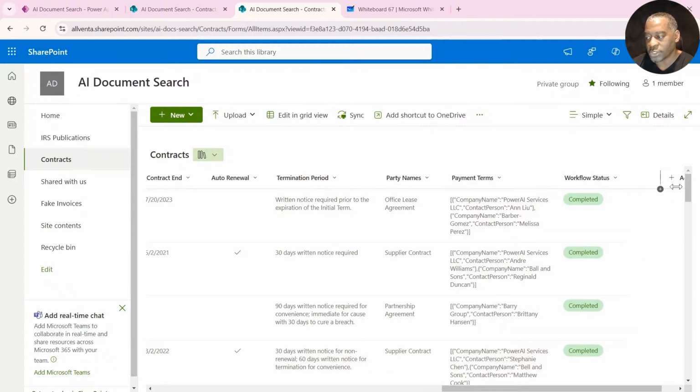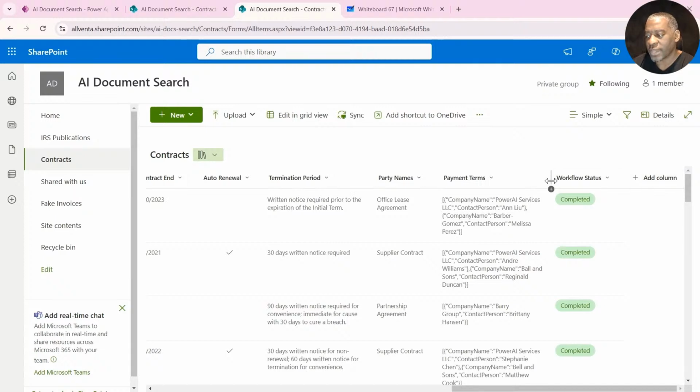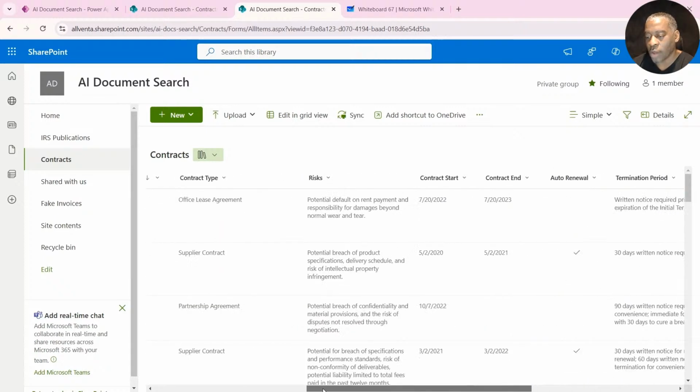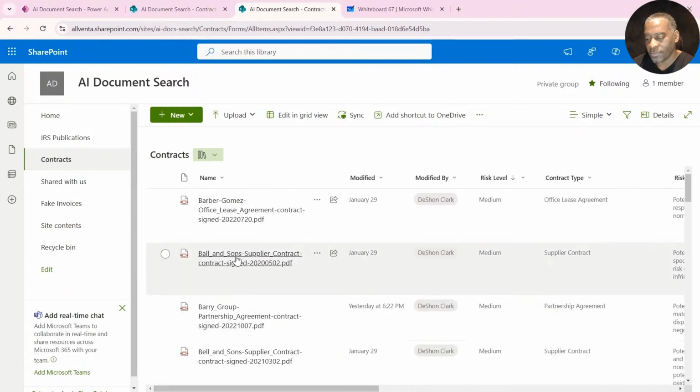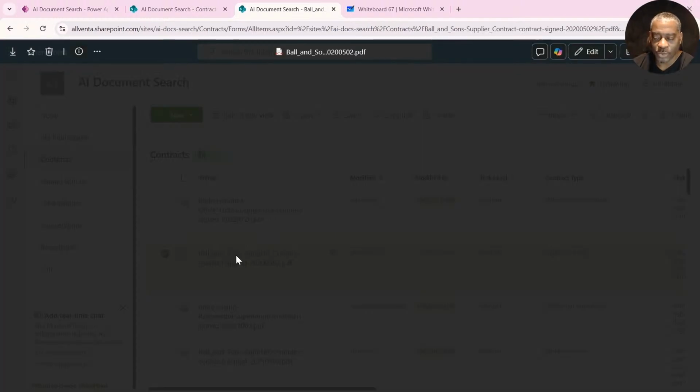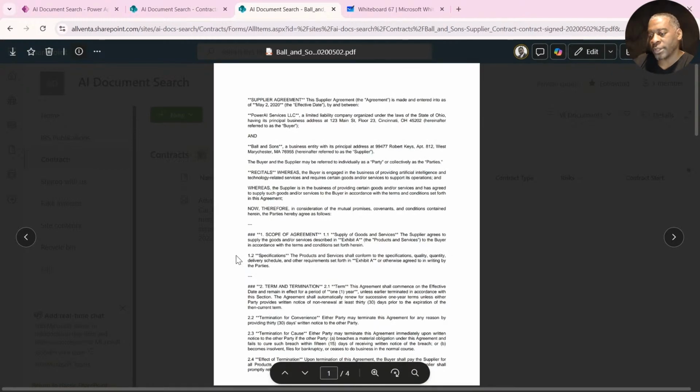So this workflow condition just lets you know that the AI has processed this and it has extracted all of this information from the details of this contract. Again, this is where you can leverage AI, and I'm a huge, huge advocate that AI is more than just generating pictures, generating video, or being wild about its fancy responses.